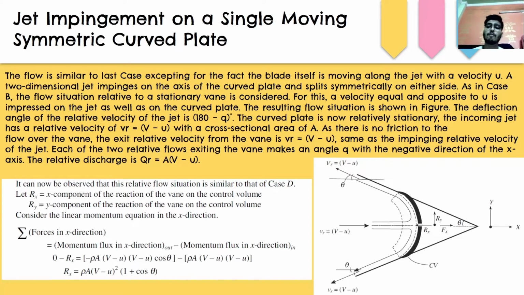Now the resulting flow situation is shown in the figure. The deflection angle of the relative velocity of the jet is 180 degrees minus theta.